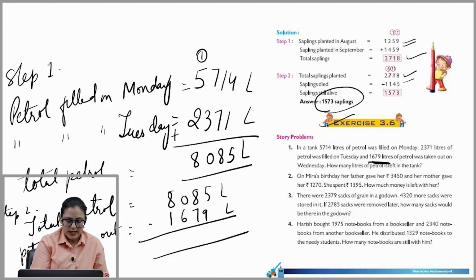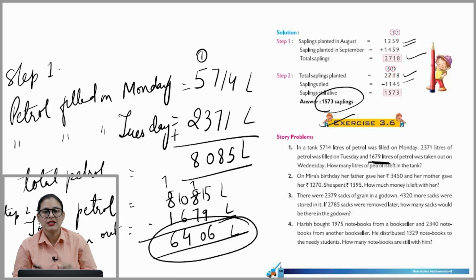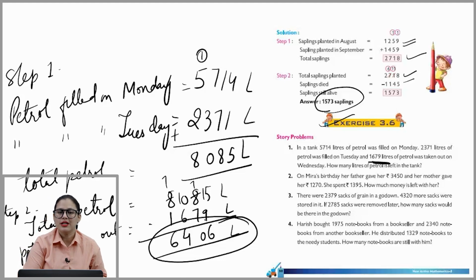Now subtract. You cannot subtract 9 from 5. Take borrow from here. 15 minus 9 is 6. 7 minus 7 is 0. Again, you cannot subtract 6 from 0. So borrow from here. It becomes 10. It will become 7. 10 minus 6 is 4 and 7 minus 1 is 6. That means 6,406 liters of petrol is left in the tank.